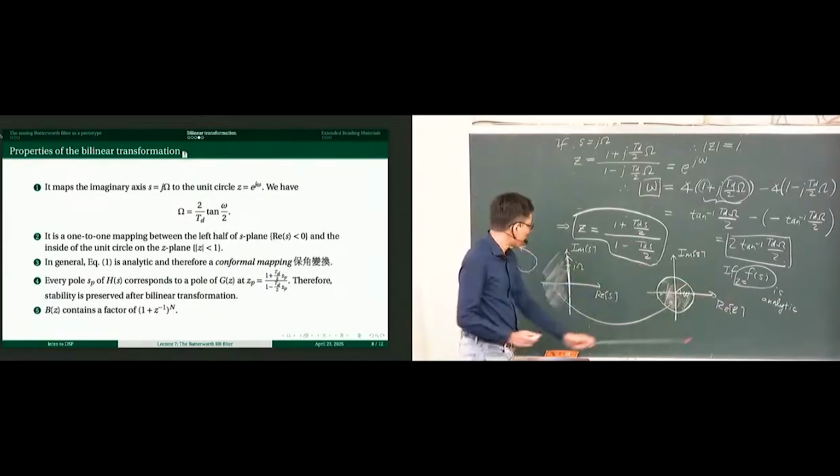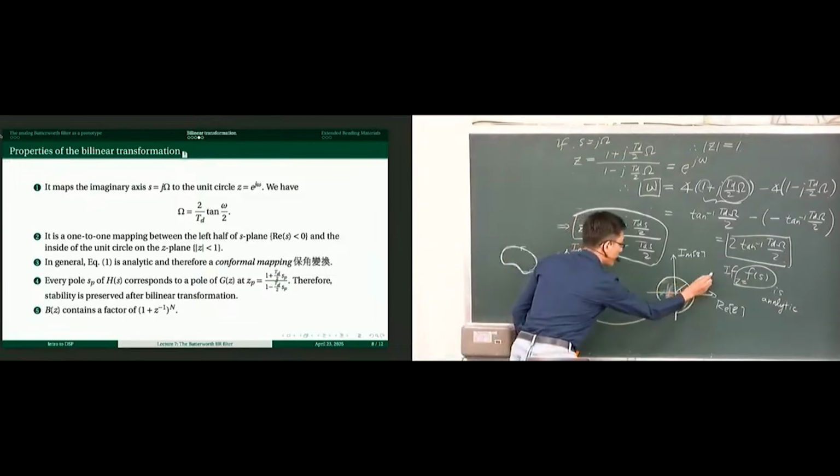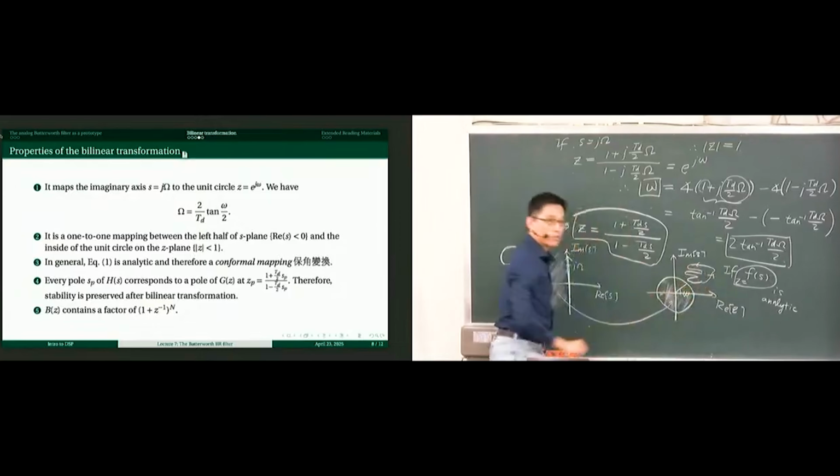So if Z is analytic, then when you start in the S domain, going around the contour in this orientation, let's say counterclockwise, then it turns out that in the Z domain it should also be counterclockwise. In the Z domain, the shape can change. The shape can even be ugly, okay, but still it's counterclockwise.